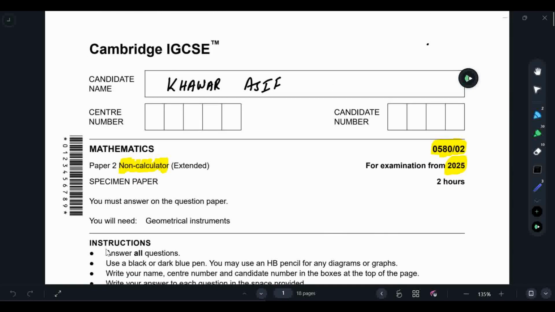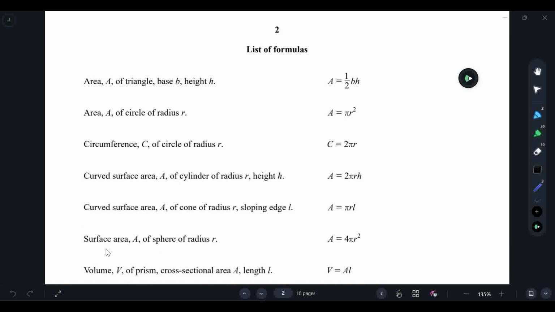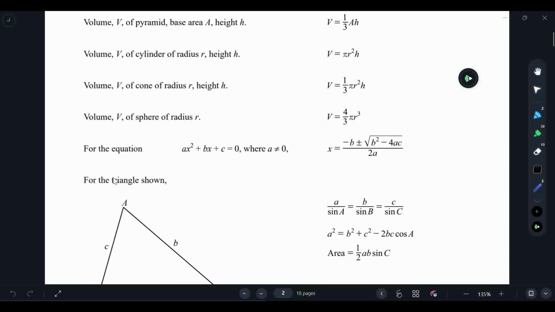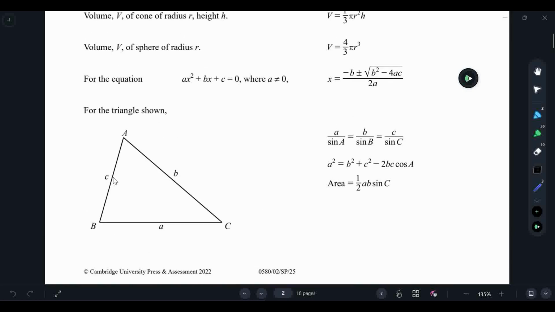We have discussed that the formulas will be given to us for this paper, and keep in mind that the calculator must not be used in this paper, and it will not be allowed.